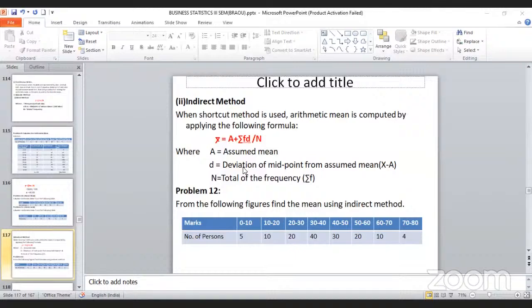Deviation means X minus A. And here they gave the problem. See here, 0 to 10, 10 to 20, 20 to 30, like that. We got the question, and the number of frequencies is this one. So take the screenshot.